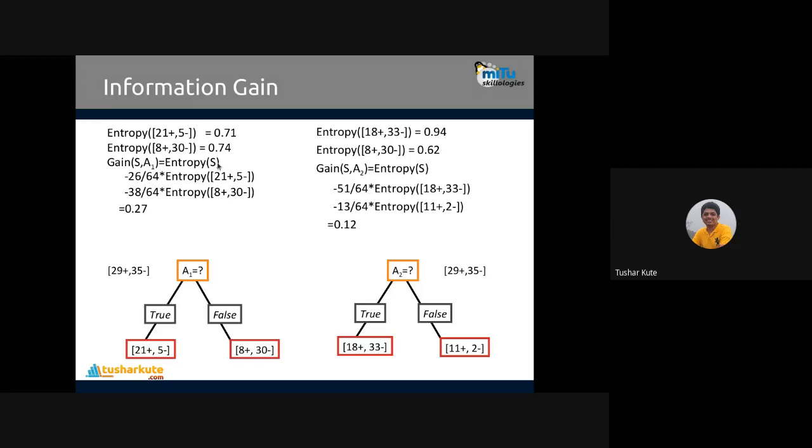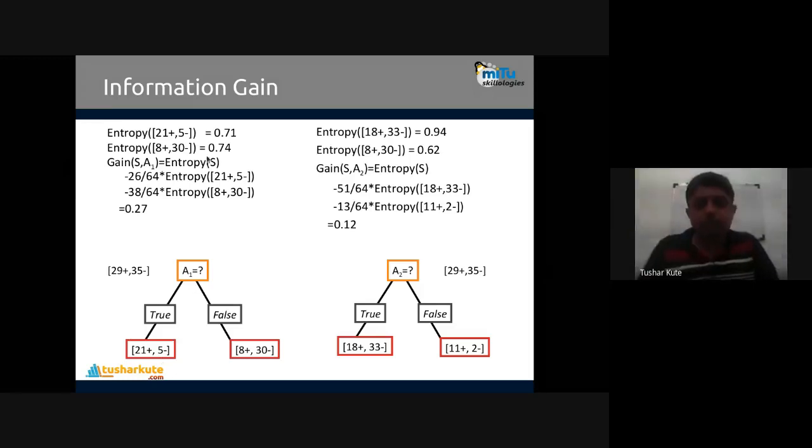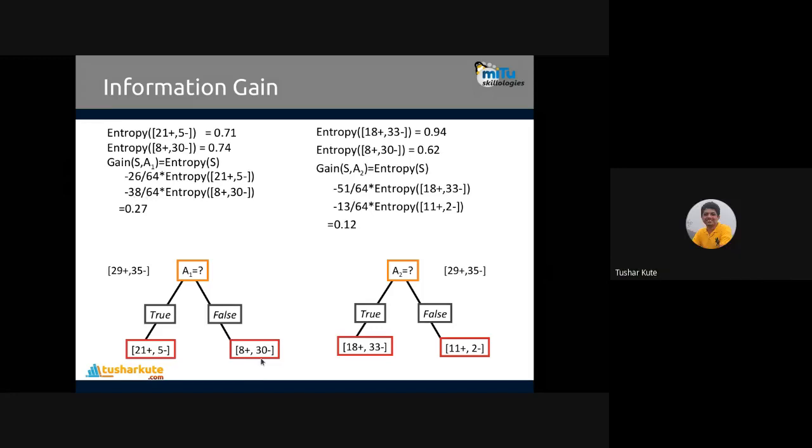Entropy of S is 0.99, minus the proportion of the first class, not the proportion, the addition of both classes: 21 plus 5, 26 here, and the entropy of this part is 0.71, minus the addition of these two, that is 38 samples on this side, the proportion calculated into the entropy of this side.